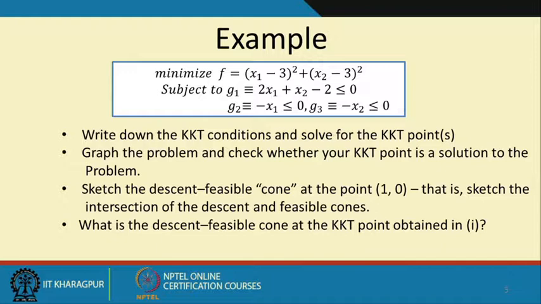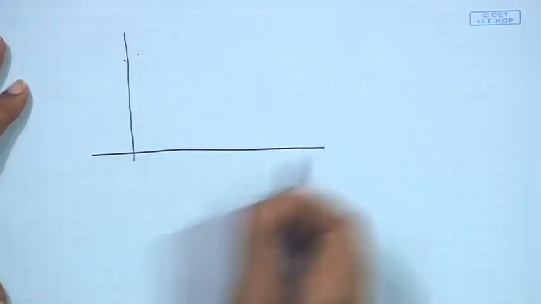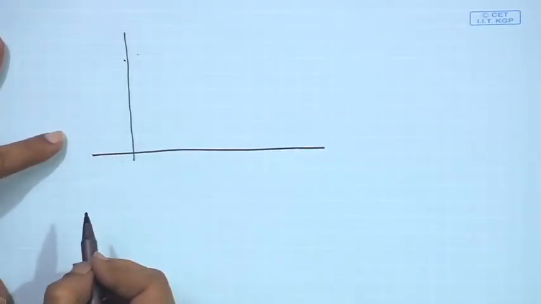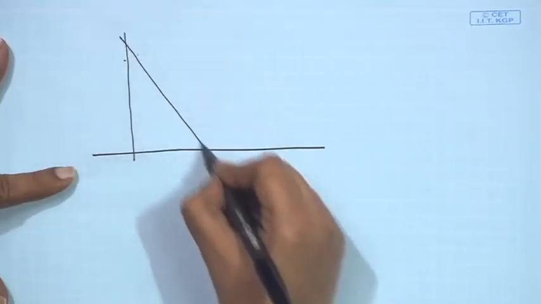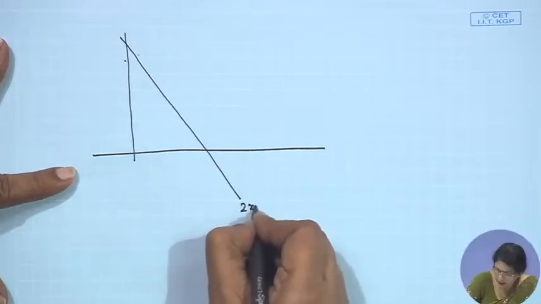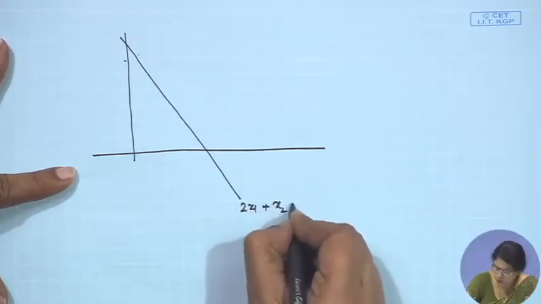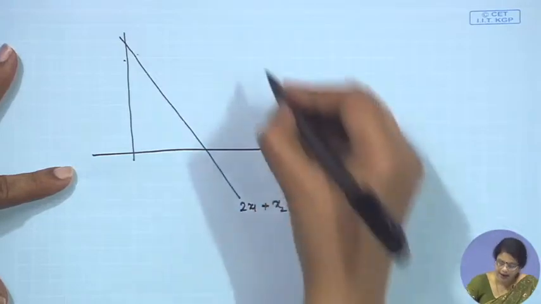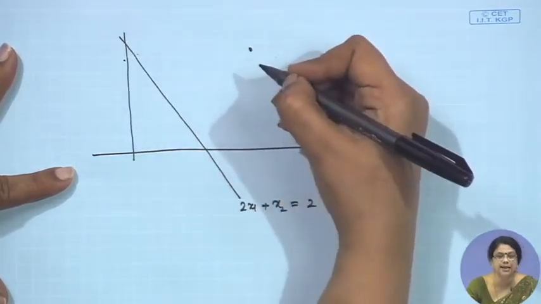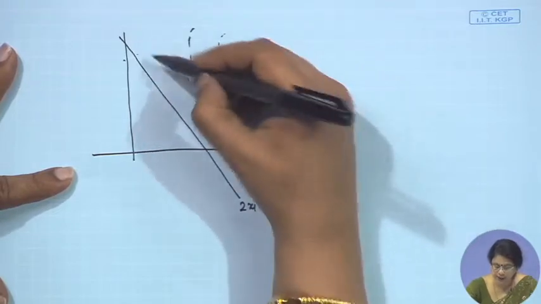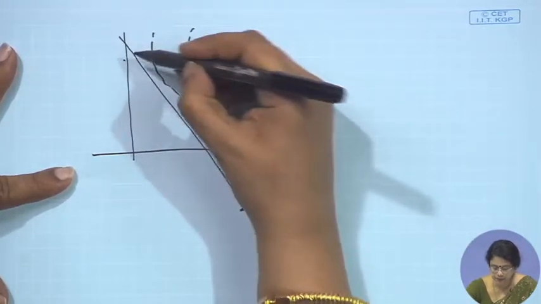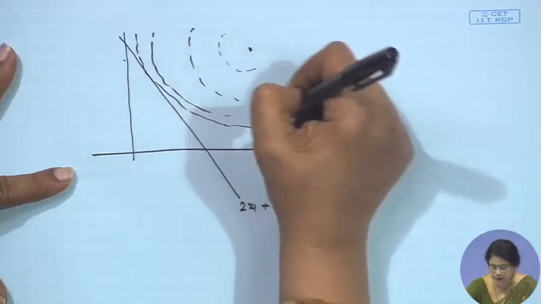Let us try to sketch what would be the solution for this problem. Now, our constraint is 2x1 plus x2 less than or equal to 2, that is why we can have this constraint, 2x1 plus x2 is equal to 2, and at 3, 3 we have the center of the circle, that is why this is the contour of the different circles, and here would be the optimal solution.